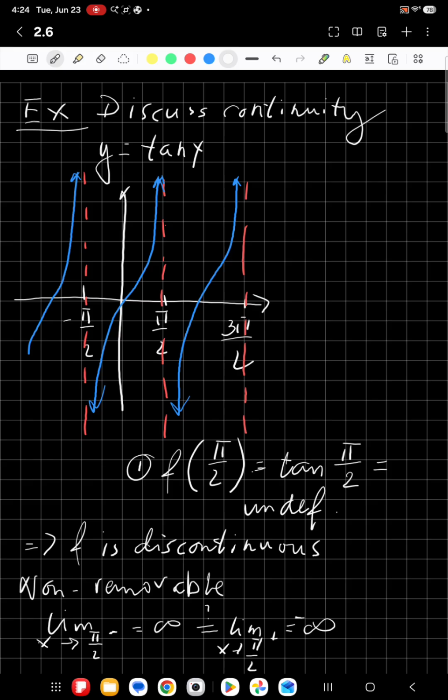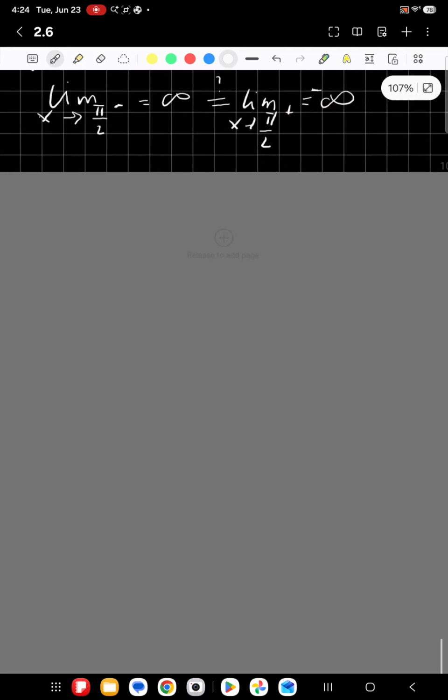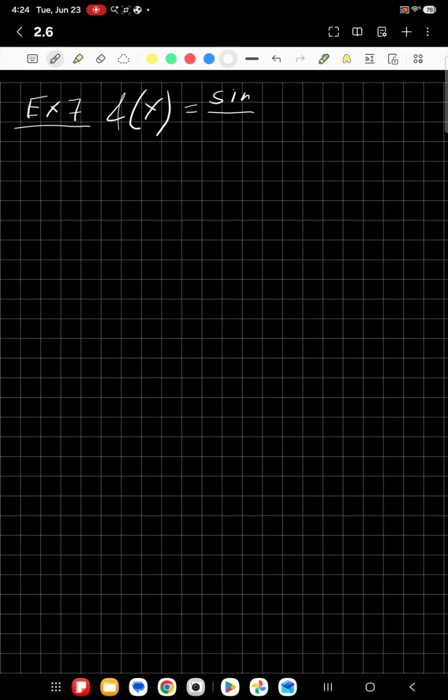Okay. So let's look at a couple other functions that are kind of typical. So example 7. We've seen this one. f of x equals sine x over x. Okay, so we know that the limit is equal to 1.